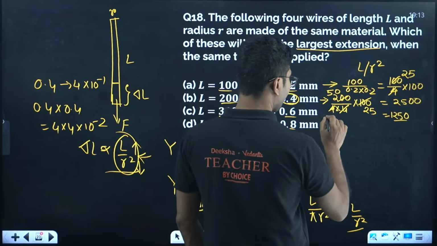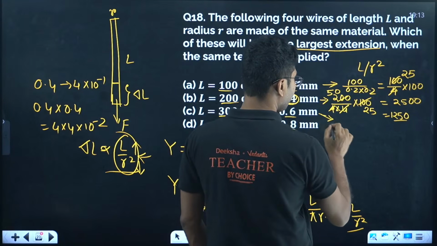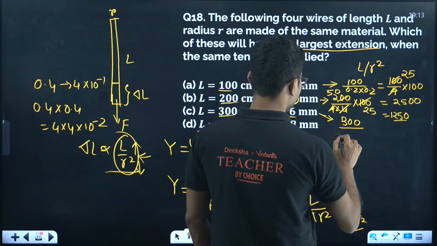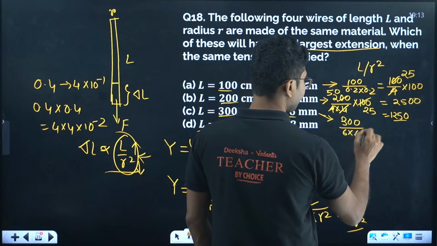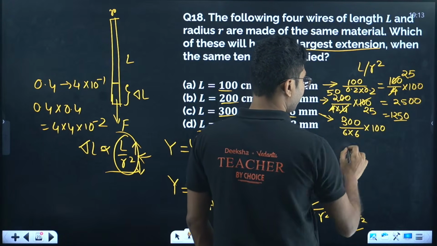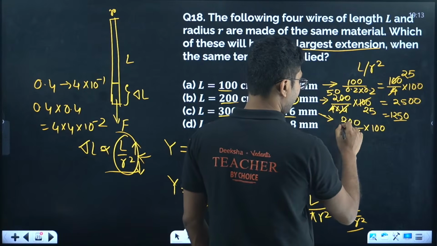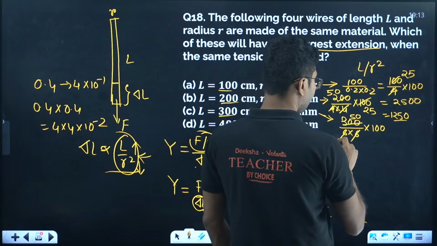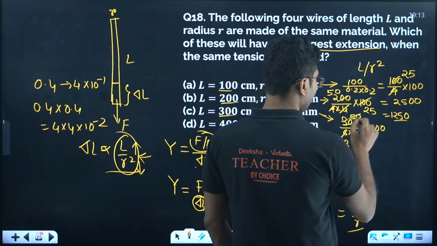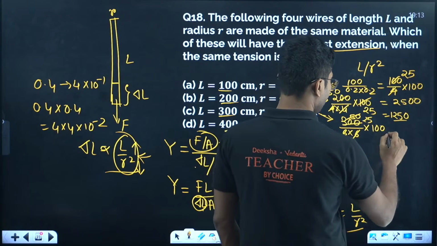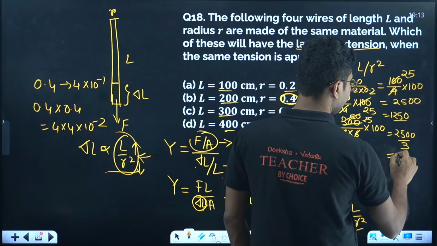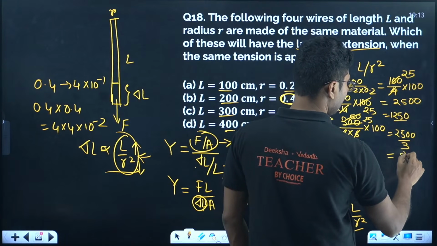Now let's go for the third one. It will be 300 divided by 6 into 6 into 100. So it will be 2500 divided by 3, that is approximately 800.